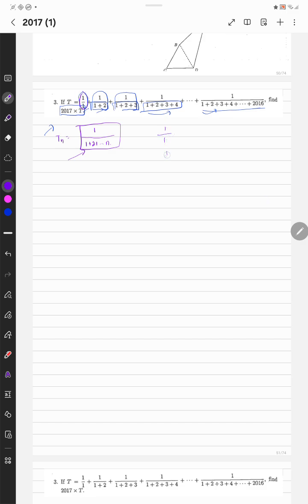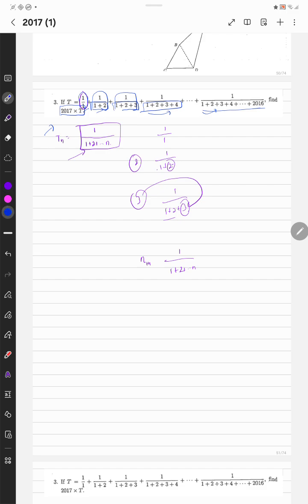The second term is 1 over 1 plus 2. If it is the third term, you write 1 over 1 plus 2 plus 3, so you add numbers up until 3. So if it is the nth term, generalizing, it would be 1 plus 2 plus up to n.